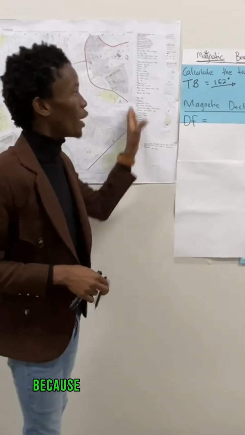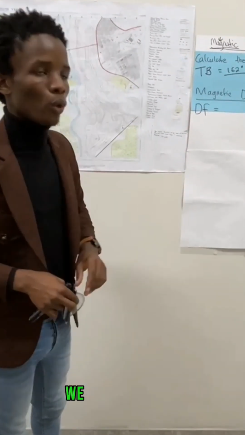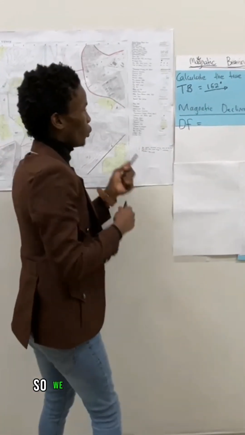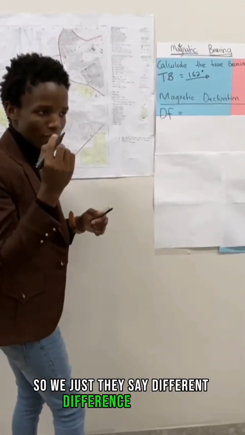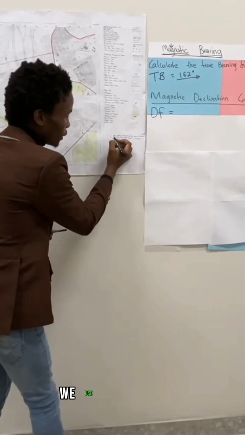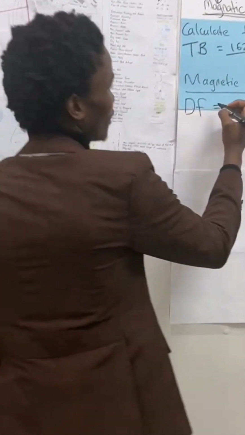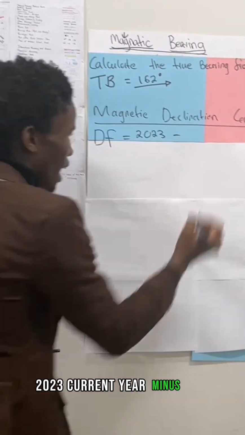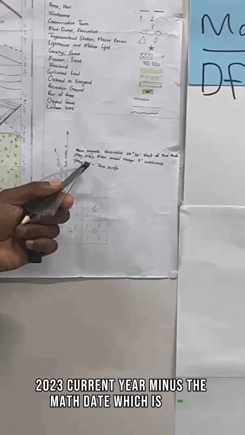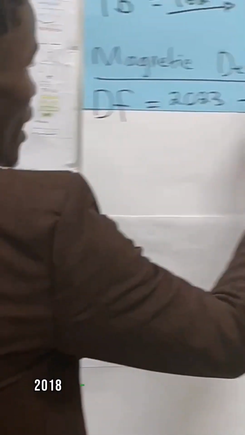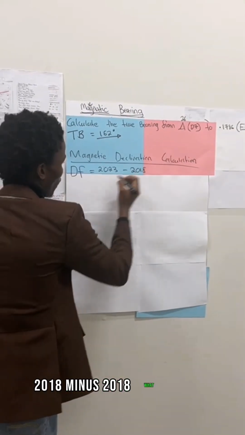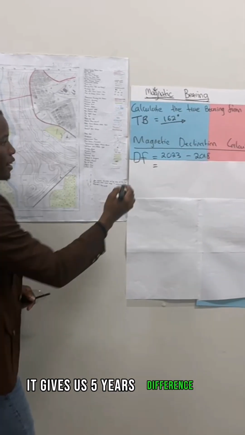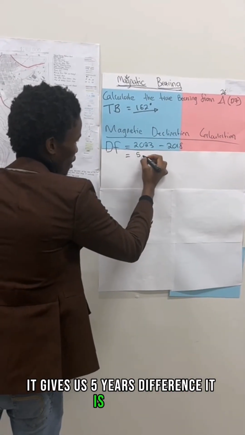Also here, because we are not given the year to calculate for, we're going to use the year 2023. So they say calculate difference in years. We use that map date: 2023, the current year, minus the map date, 2018. What does that give us? It gives us 5 years difference. It is 5 years.